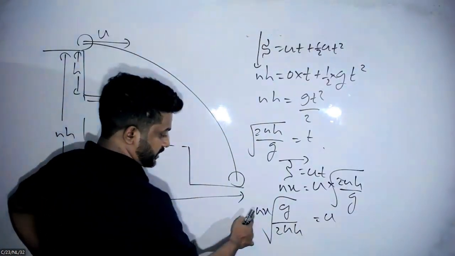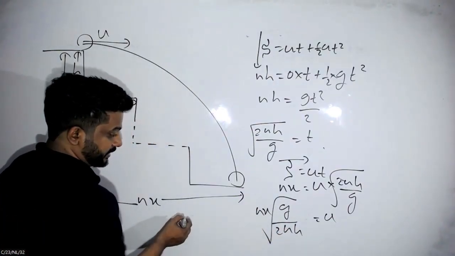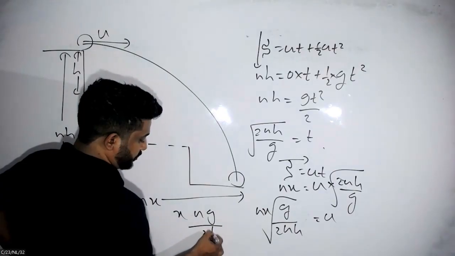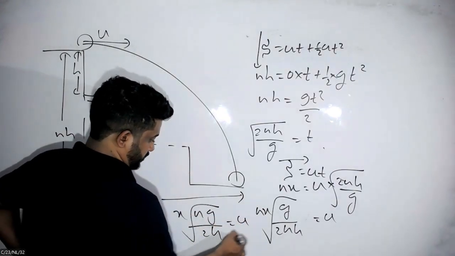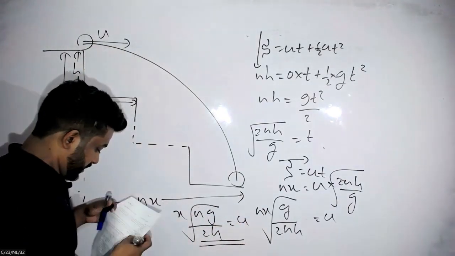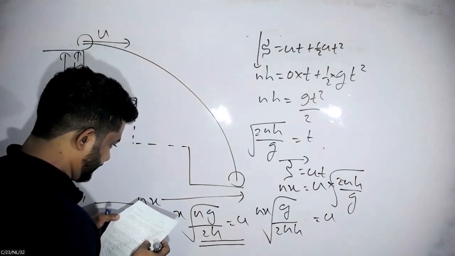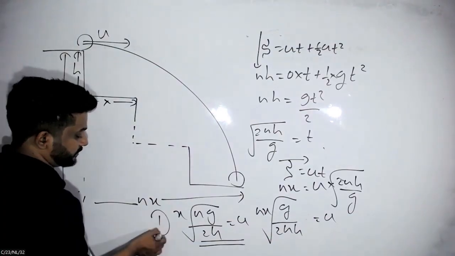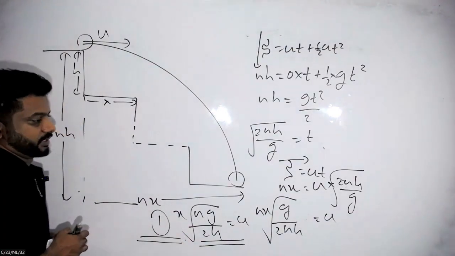You can bring this term n inside, can't you? Then x times square root of ng over 2h. Which one is the answer? x times square root of ng over 2h. First one is the answer. Right?